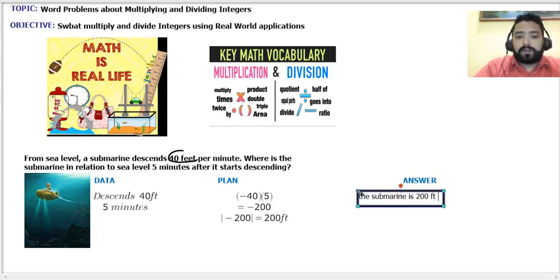Only that, because this is the quantity of feet that the submarine descends after 5 minutes. So the submarine is 200 feet below sea level after 5 minutes. Okay, remember the quantities we can represent with negative numbers. So that's the reason that we're going to use absolute value.